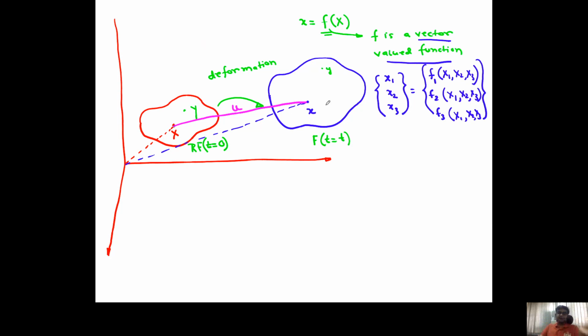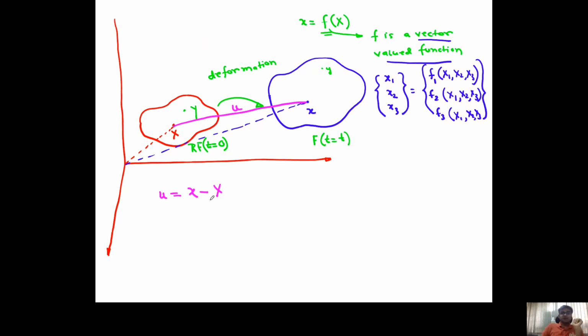And since displacement, capital X, small x are all vectors, we can write that u is a function of x and capital X, but u is basically small x minus capital X. Remember that all three quantities are vectors, so it is a vector subtraction. It is not the usual subtraction that you do.